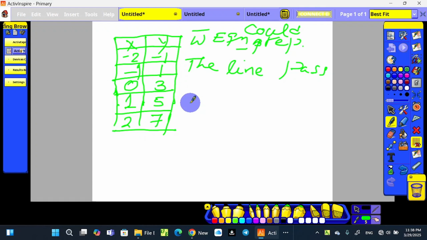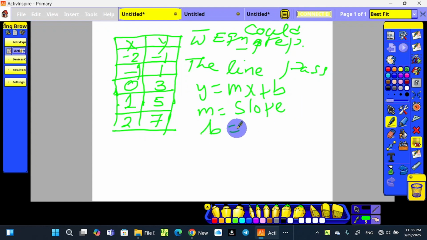The equation of a line is written in the form y is equal to mx plus b, where m is the slope of the line and b is the y-intercept.